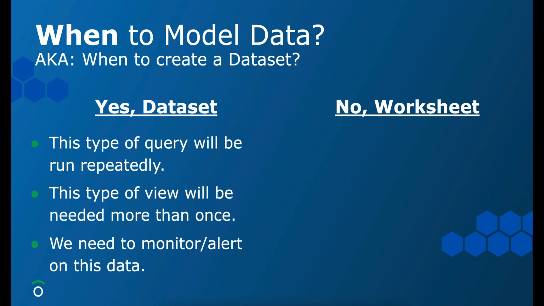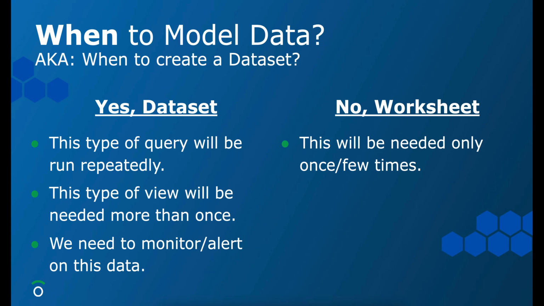We'll look at what this means when we go into Observe and actually see how we create a data set, what it means to use a worksheet, and how these two work together. But for now, it's worth appreciating that a data set is a published, long-standing data model, whereas a worksheet is just a snapshot. And so we would only want a worksheet if it's only going to be needed a few times, or just once as part of an investigation.